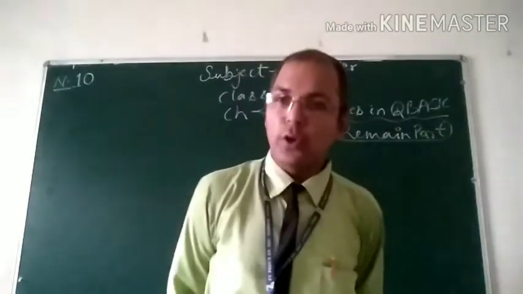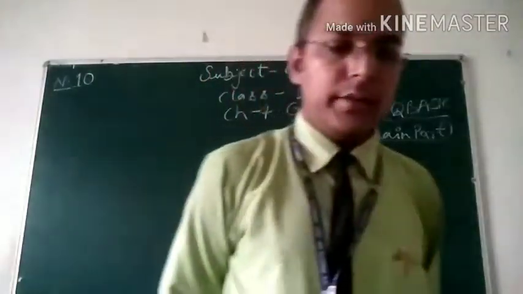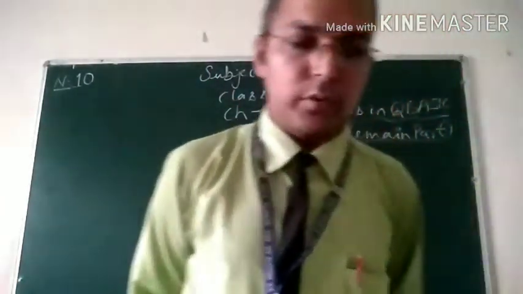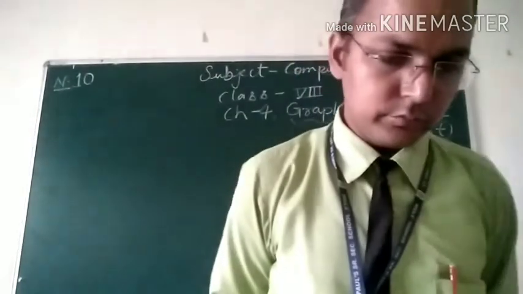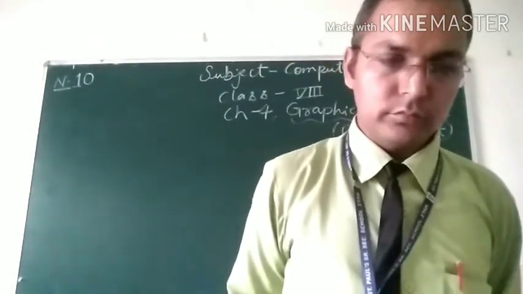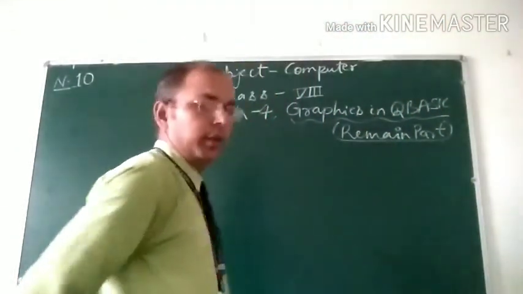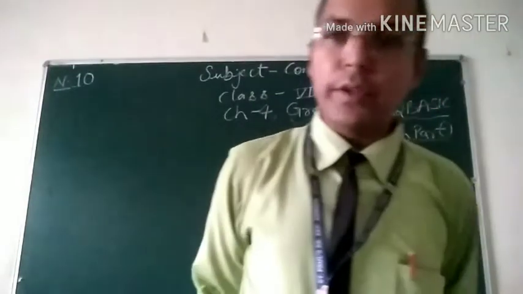F is for foreground color, B for background color. This is the example on page number 46.